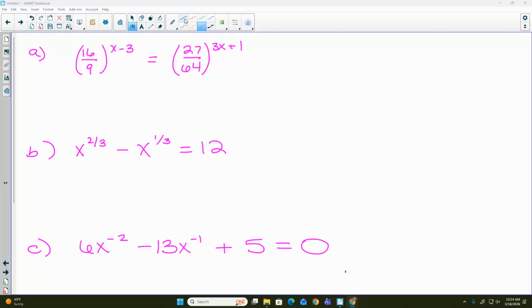So the first one, what'd you use for your common base? Okay, so 16 is 4 squared, 3 squared is 9, so that's 4/3 squared. And we still have the x minus 3. Okay, over here. This is 4/3 to what power?